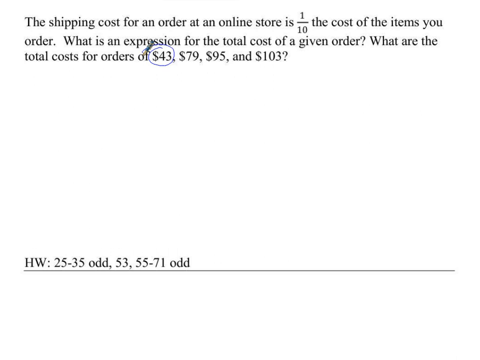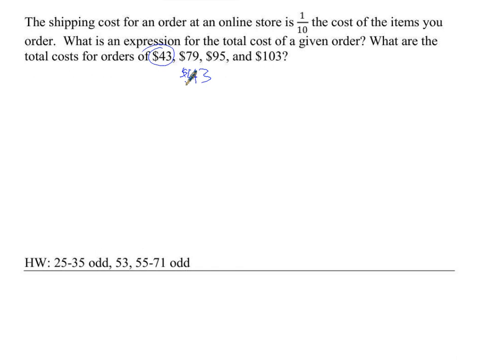If I spend $43 on an online store, then I spent $43, right? Okay, so I have $43. Now, they're going to charge me 1/10 of the cost of the items that I order. Well, if I spent $43, then how much did the items I ordered cost?